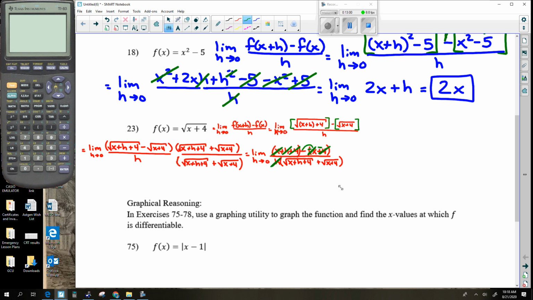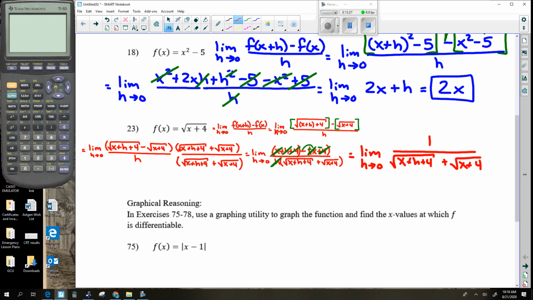So what I have left is the limit as h goes to 0 of nothing on top, so that's a 1, over the square root of x plus h plus 4 plus the square root of x plus 4.